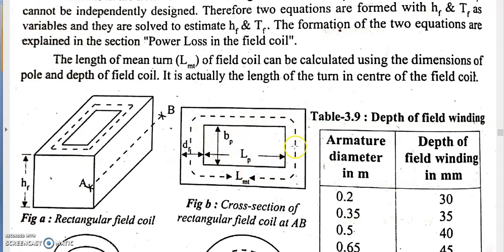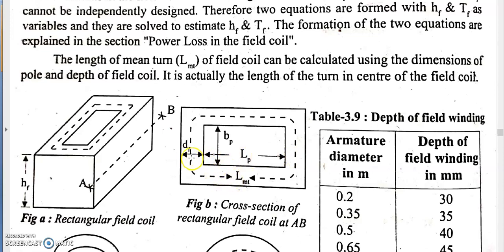Here we add DF by 2, here DF by 2, here DF by 2, and here DF by 2. So with the BP we have to add DF by 2 on these two sides, and lengthwise also we have to add DF by 2 here and DF by 2 here. So LP plus DF is the length.